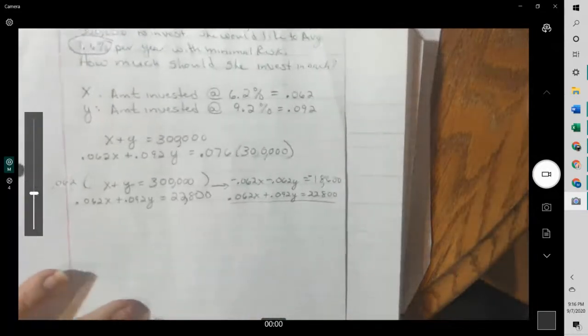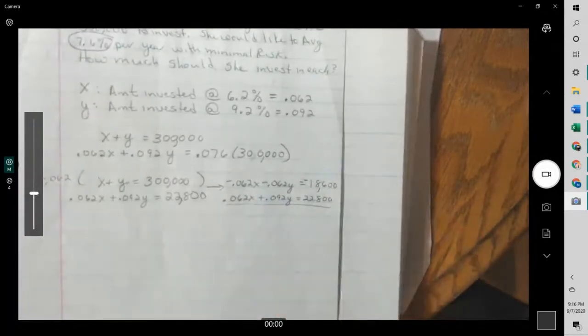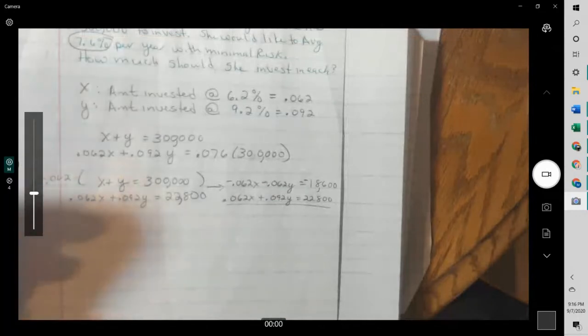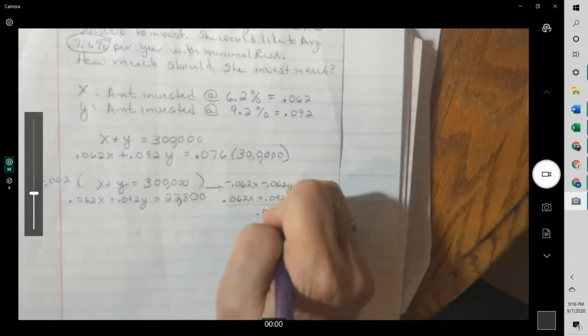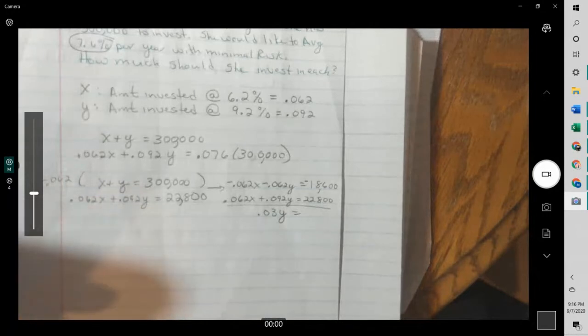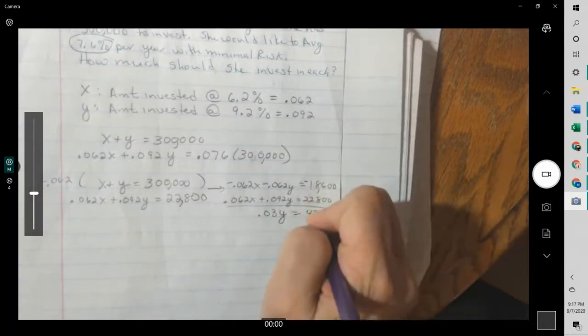But notice when you add down, the x's drop out. And then 0.092 minus 0.062. Oh, I could have done that. 0.03. 0.03y equals 22,800 minus 18,600 is 4,200.